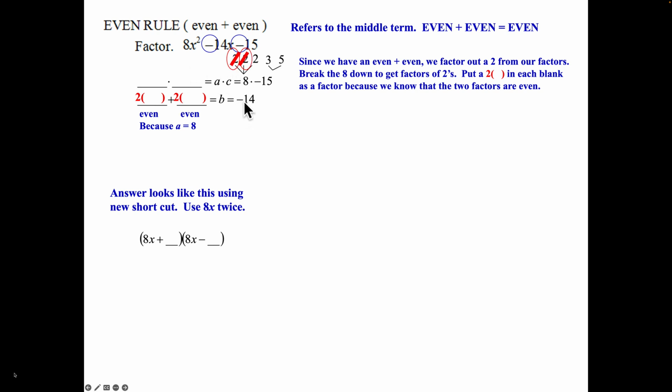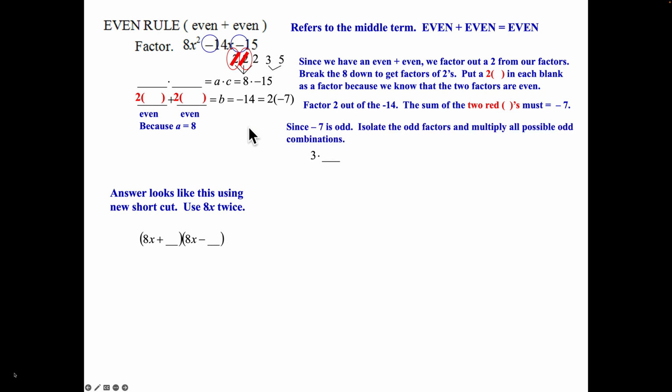Now, that means negative 14 has to be 2 times a negative 7. So in other words, what's in this parentheses plus what's in this parentheses has to equal negative 7. Wait a minute, that's odd. 3 times something, 5 times something, 15 times something.